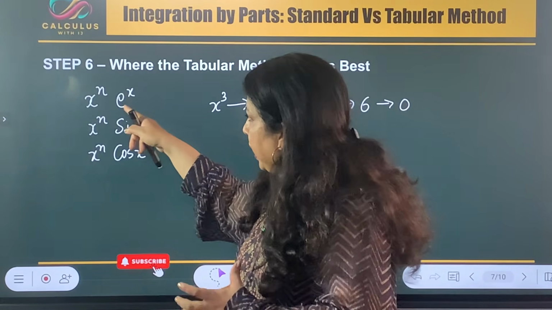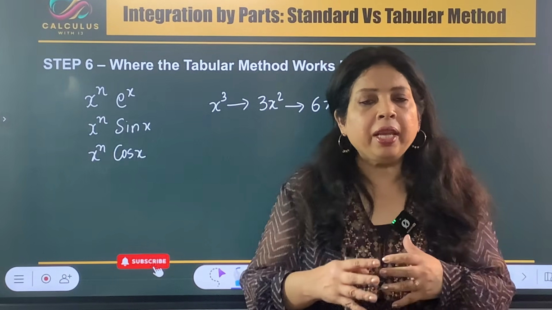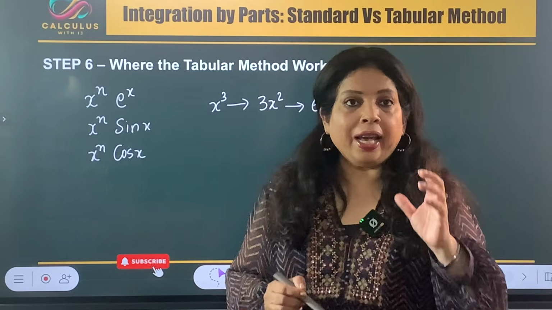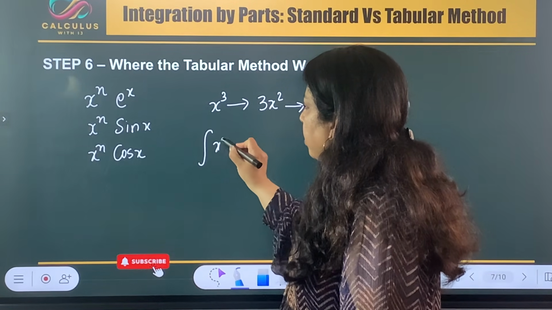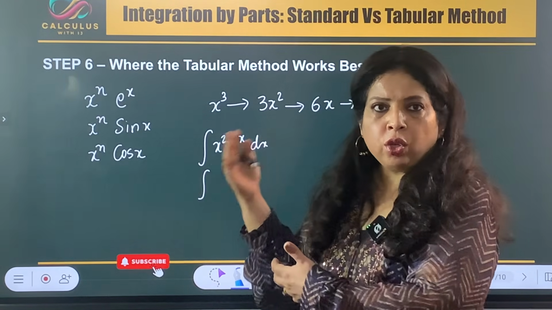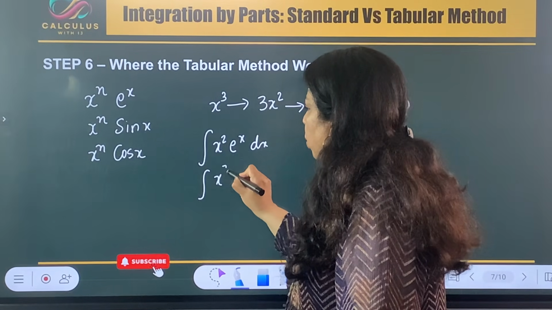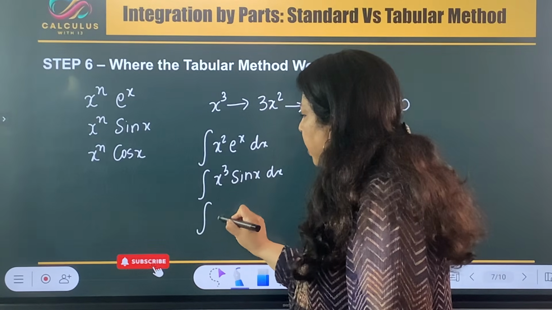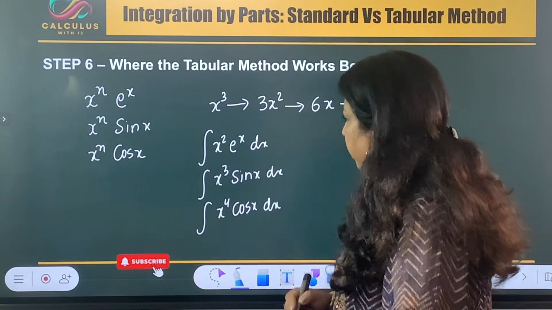While e to the power x, sin x, cos x can be integrated repeatedly. So the DI method works very well for integrals like x square e to the power x, or even x cube, x to the power 4 e to the power x, or x cube sin x dx, or x to the power 4 cos x dx.